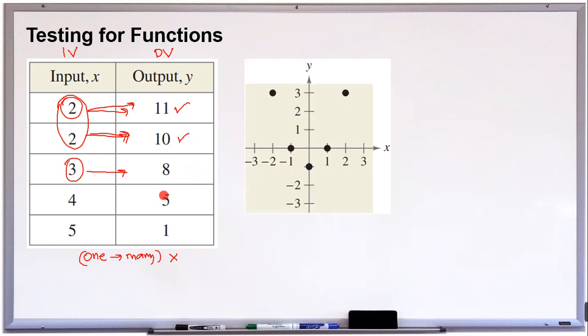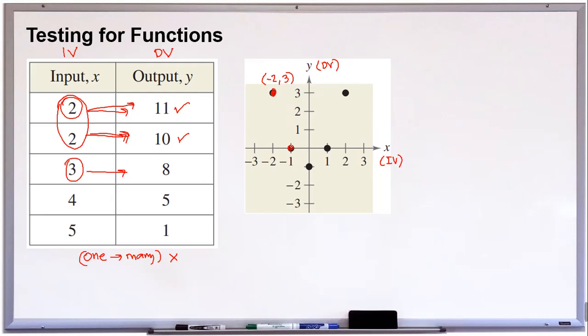Now let's proceed to our second example. We have here a Cartesian coordinate plane with 5 dots. For our first point, its coordinates are -2 and 3. So -2 is our x value and 3 is our y value. We assume that y is our dependent variable, then our x value is our independent variable.